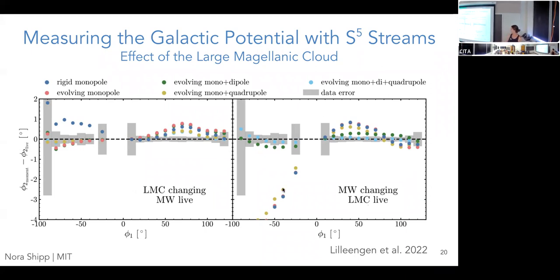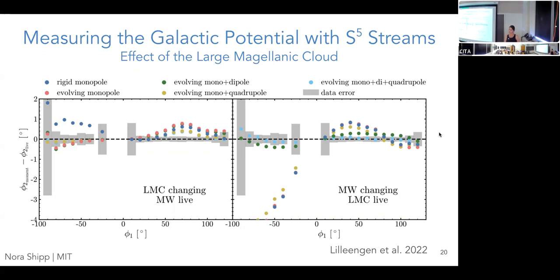What she's seeing is that the most important thing here is the dipole component of the Milky Way. This is because the Milky Way is stretching in the direction of the LMC as it's falling in. So this is showing us that, absolutely, if we want a complete understanding of the gravitational potential of the Milky Way and its massive substructures, we do need to include more complexity in our models. That's something that we're continuing to work on in S5.